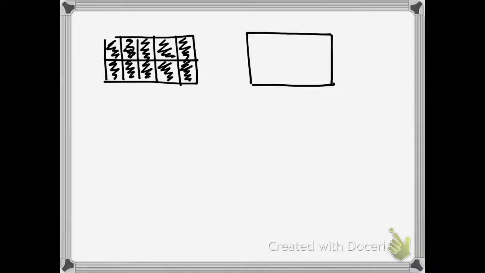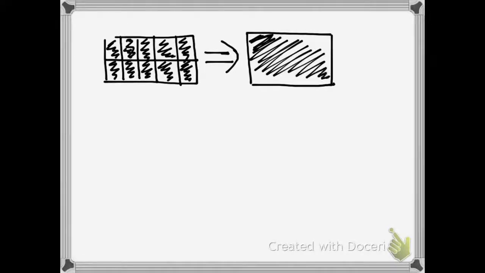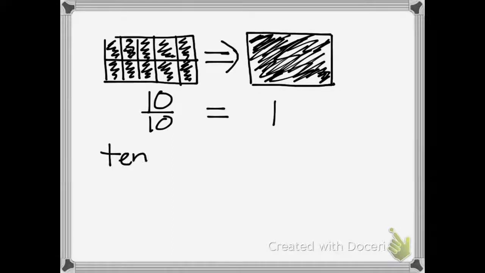That would be the same as saying we have shaded in one whole rectangle. What that means is 10/10 equals one whole. We could say it as 10/10 in words equals 1.